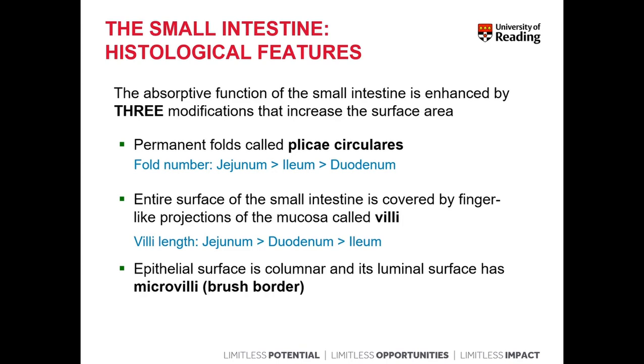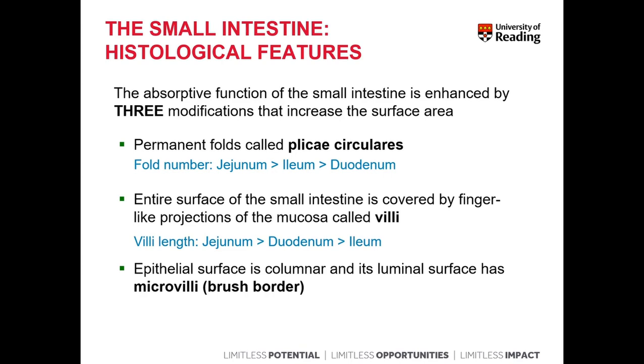Then we do have within the plicae circulares finger-like projections inside of the small intestine called villi. And then the epithelial surface of the villi and of the overall intestine is characterized by epithelial cells with an apical membrane which presents protrusions of the plasma membrane known as microvilli or brush border.